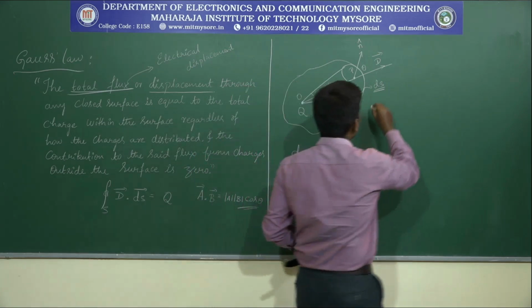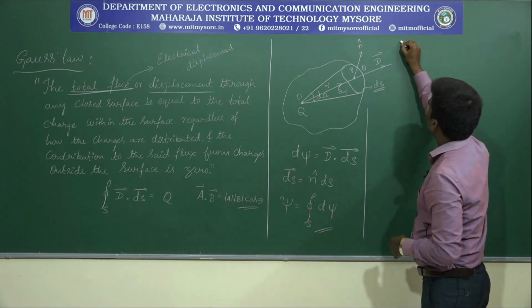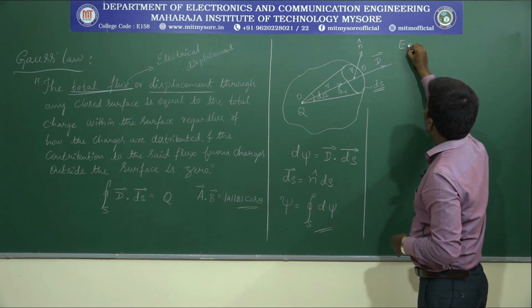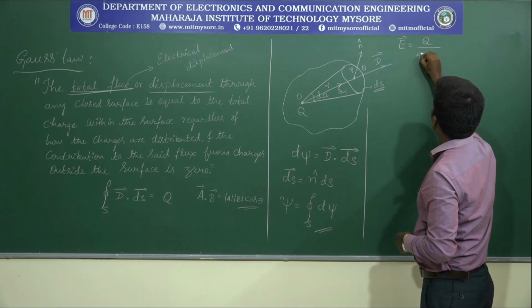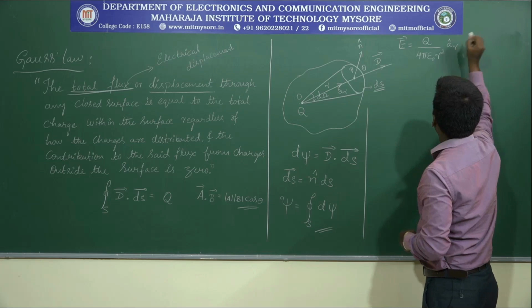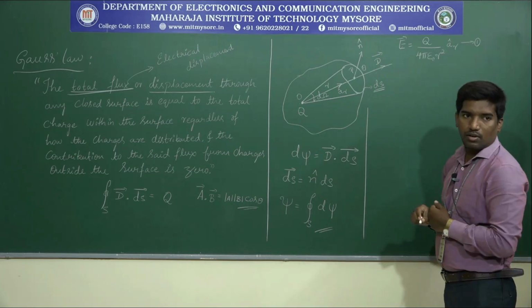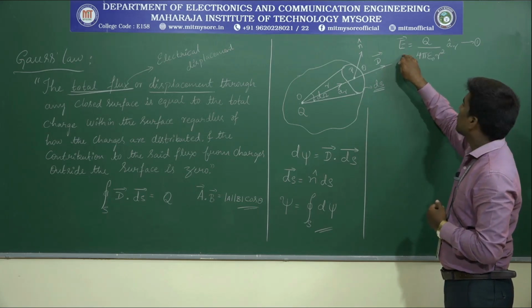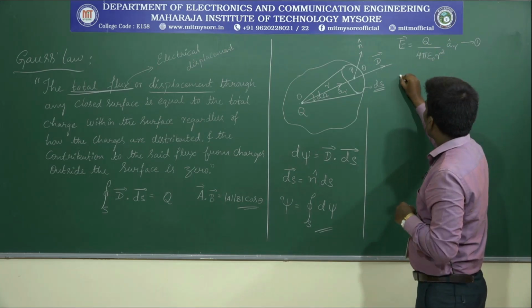Now coming back to this, according to Coulomb's law, electric field intensity E is equal to Q divided by 4 pi epsilon naught R square into a cap R. Name this as equation 1. What is D?